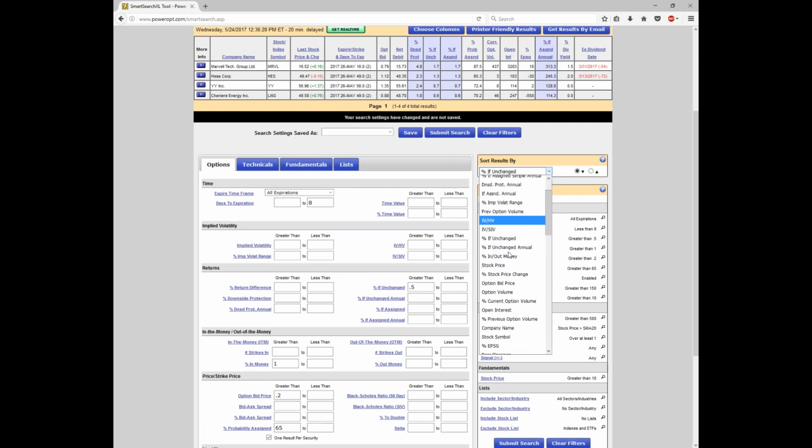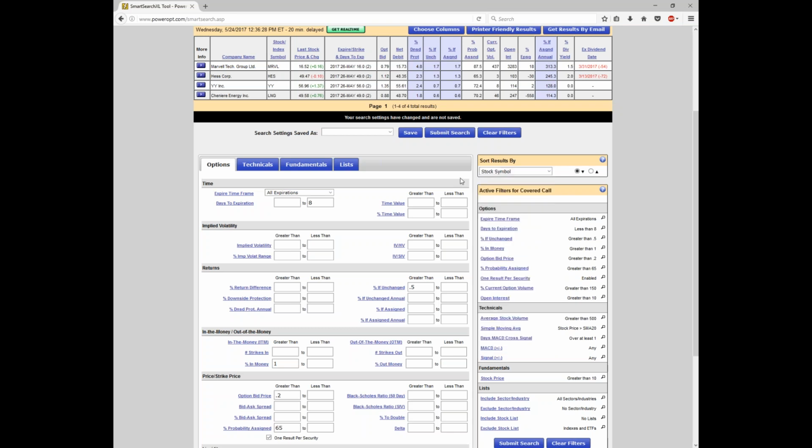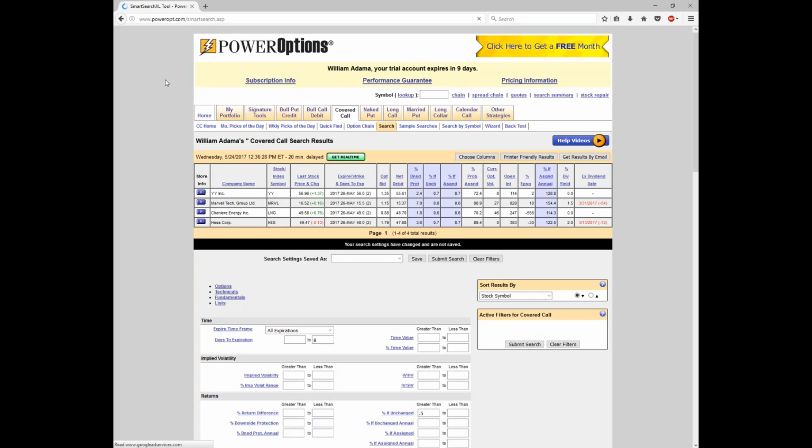So if I wanted to change this to sort by positions that had the highest implied volatility to stock volatility ratio, looking for overvalued options, or sort by annualized percentage of assigned, for example, or by highest earnings per share growth, or even just alphabetical order by stock symbol, anything that you can use in the search criteria, you can use to filter your results. This isn't going to change much. It's going to show us the same 4 results, just in alphabetical order now. Okay, that's all we changed.